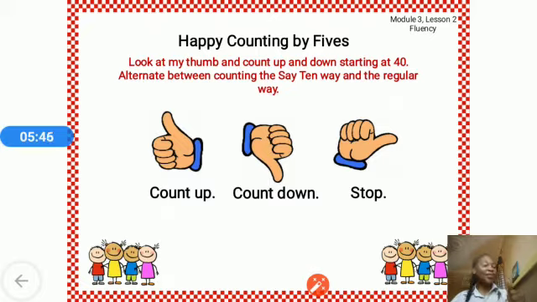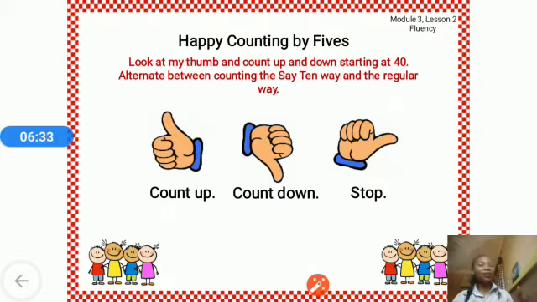And 70 is what? 7 tens. 7 tens, 5 ones is 75. 80 is 8 tens. 85 is what? 8 tens, 5 ones. 90, 9 tens. 95, 9 tens, 5 ones. And 100 is what? 10 tens. Good.